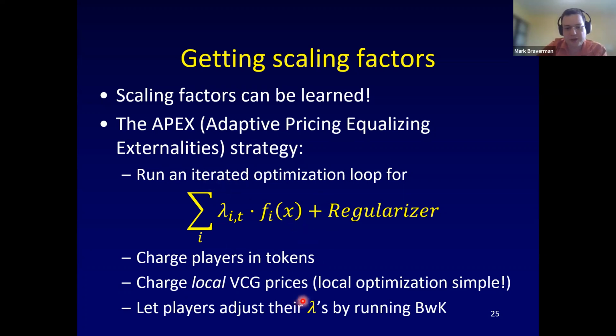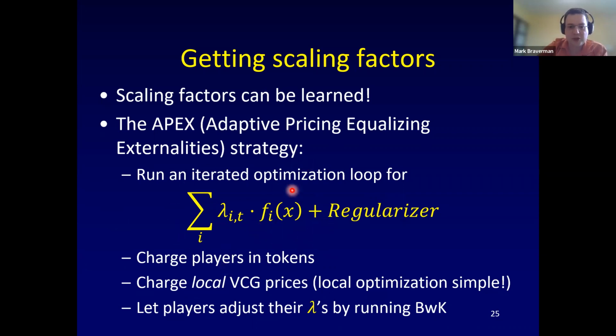One way to think about it: where do the lambdas come from? Because of the connection to online learning, you could think about it as a central loop where the lambdas are just updated by gradient descent, but it's actually cleaner to think of those lambdas as being learned by the players using bandits with knapsacks. So we run the algorithm iteratively.